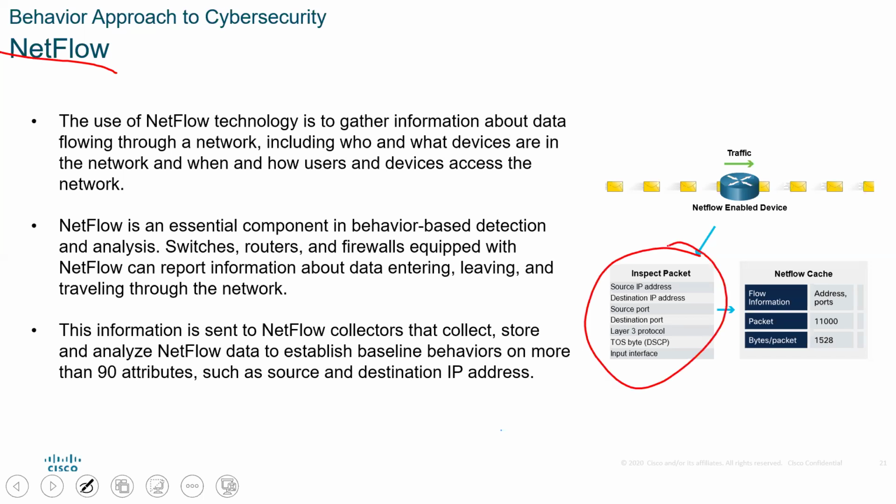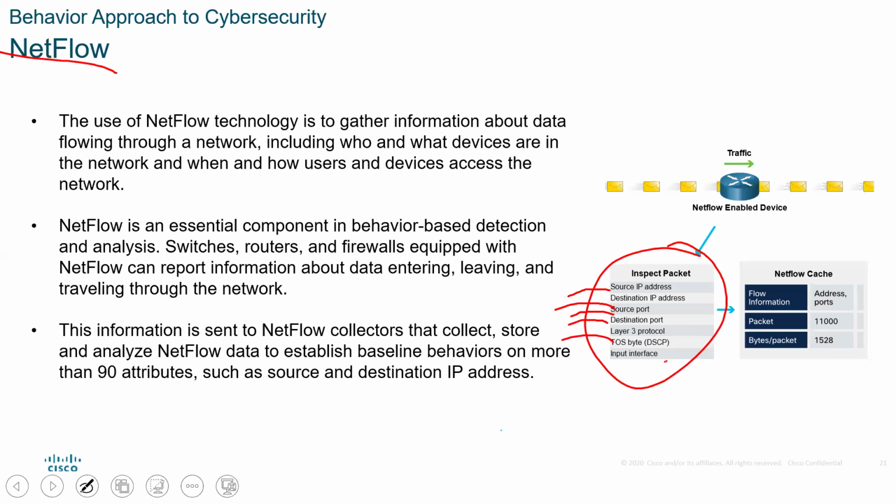It inspects source IP, destination IP, source port number, destination port number, layer 3 protocol, bytes, input interface, and things like that. That's what NetFlow does. So it is an essential component in behavior-based detection analysis.